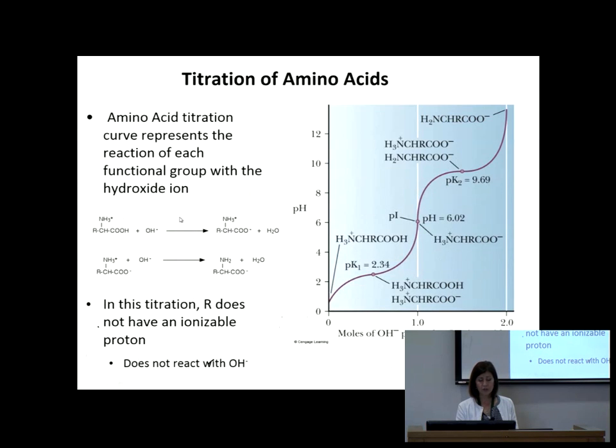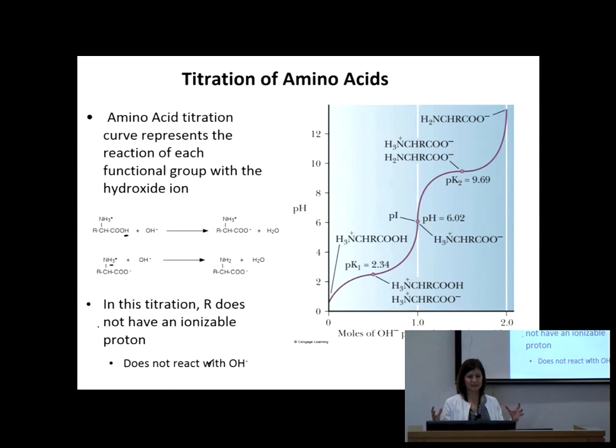Which proton is going to be ionized or neutralized first? It's going to be the acid one. Once that's completely neutralized, then it's going to be the amine one. Remember that the acid one is neutralized first because it's a proton donor, and then the amine one because it's a proton acceptor. So it's much more difficult. Do you guys remember Le Chatelier's principle, where if you apply a pressure on one side of a reaction, it's going to shift to relieve that pressure?